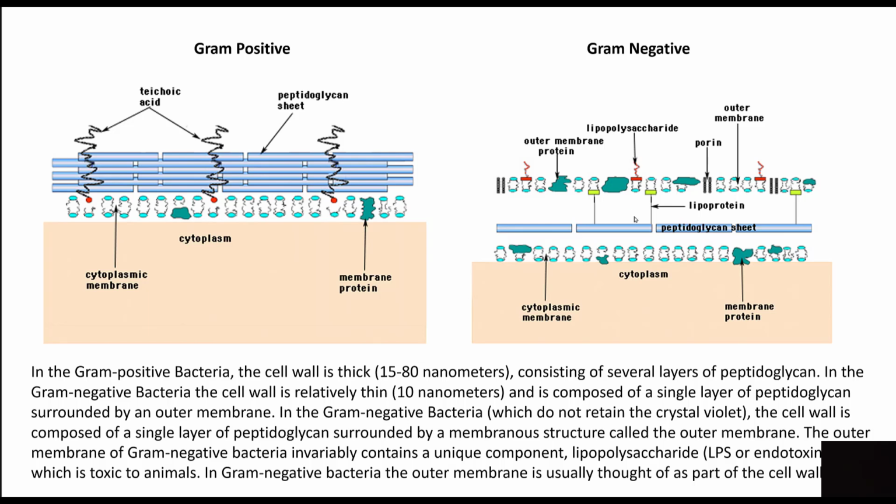The gram negative will stain with the counterstain, and we'll have the pinkish color, whereas in the gram positives, the crystal violet will stick to this peptidoglycan sheet and get caught in there with the iodine as a mordant, and that's how we see a gram positive.